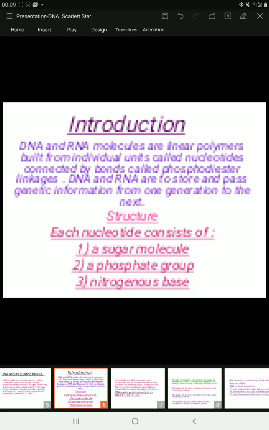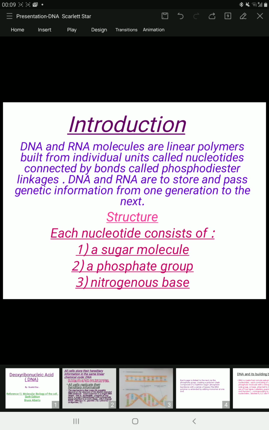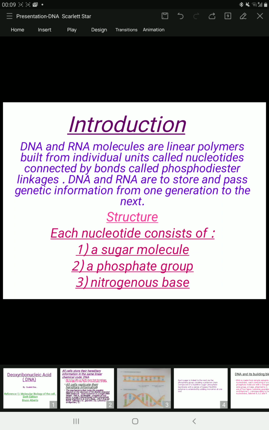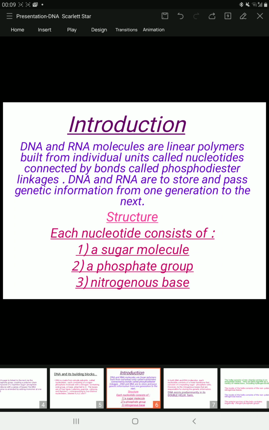This is how a nucleotide basically is. A nucleoside is another thing, and a nucleotide is another thing. Each nucleotide contains a sugar molecule, which can be deoxyribose or ribose, a phosphate group, and a nitrogenous base. This is the nucleotide structure.